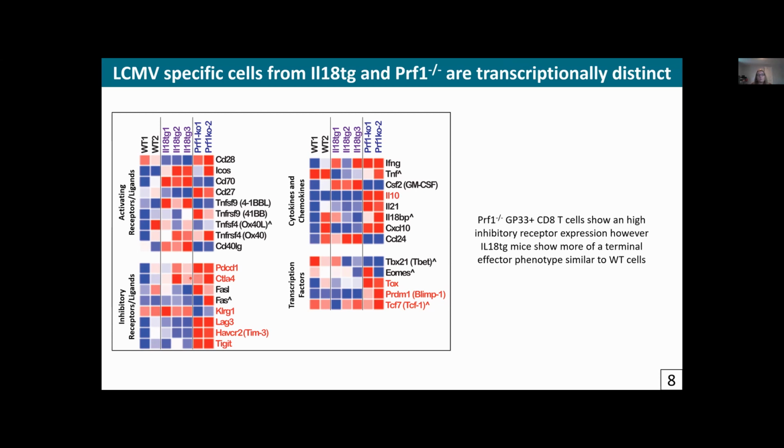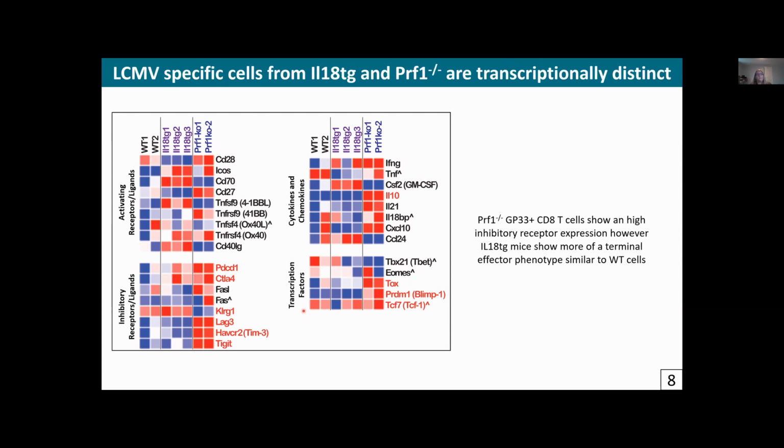And at the transcriptome level, we can see that the LCMV specific CD8 T cells from perforin knockout mice are wildly different from the transgenic mice as well as the wild type mice. And they are specifically showing a high increase in the levels of inhibitory receptor expression. And this is shown by PD1, CTLA4, LAG3, TIM3, and TIGIT, as well as TOX.